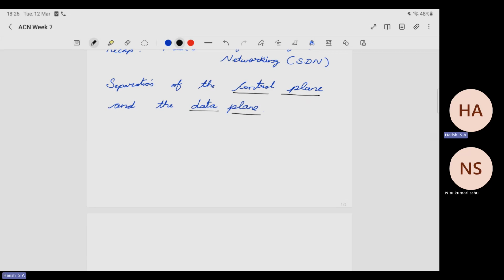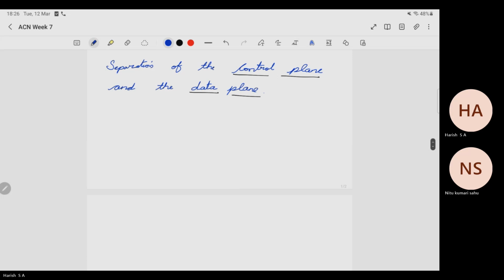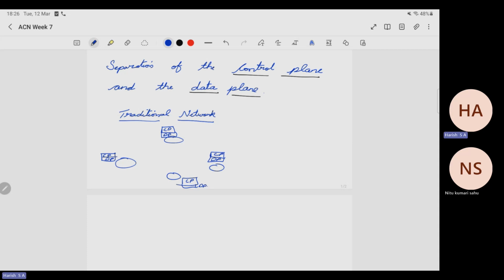In traditional networking, if there are 4 switches like this, each of these switches will have a control plane and a data plane.